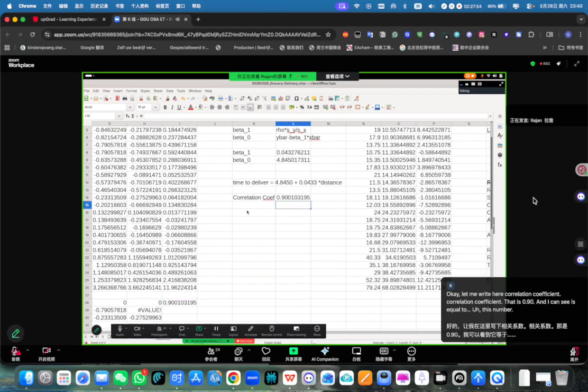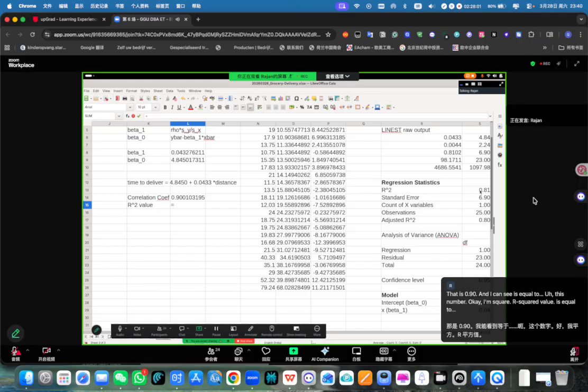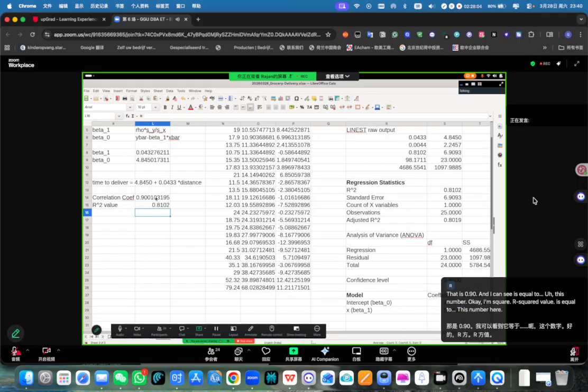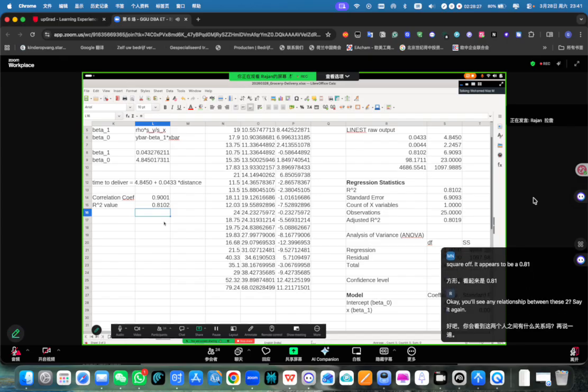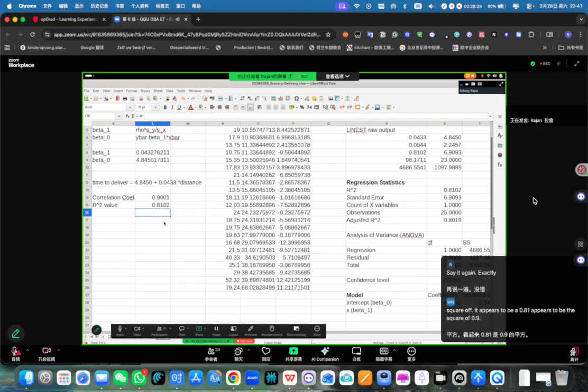R squared is equal to this number here. Do you see any relationship between these two? It appears 0.81 is the square of 0.9. Exactly. It is. In fact, we can check it out.